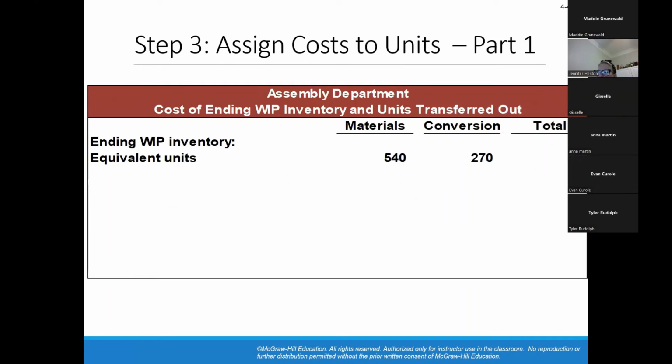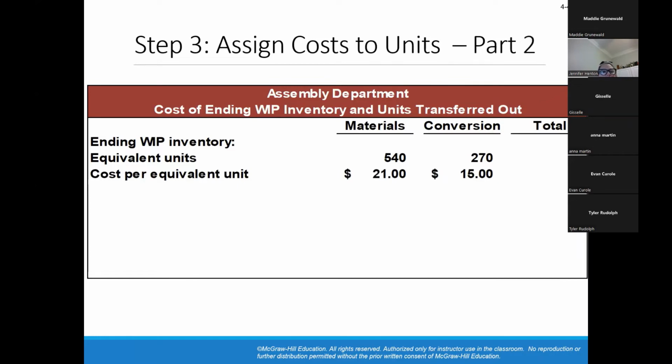It was 900 at, I think it was 60%. Let me just make sure that's right. Yeah, 900 times the 60%, and then we had 900 times the 30%, which gave us the 270. So that's where those two numbers are coming from. The 540 and 270 are coming from that ending unit, which was 900, and the percentages they gave us.